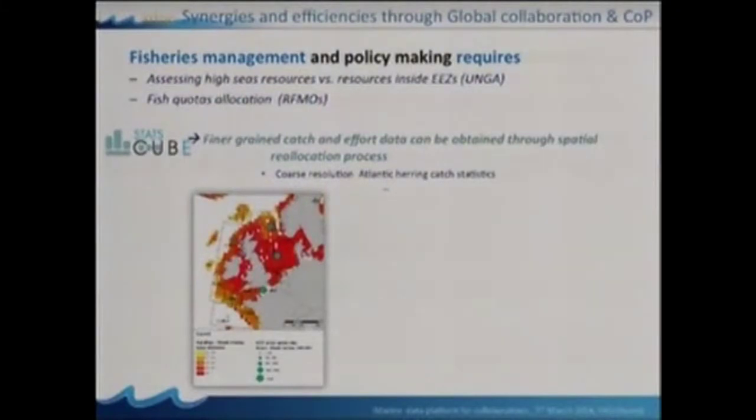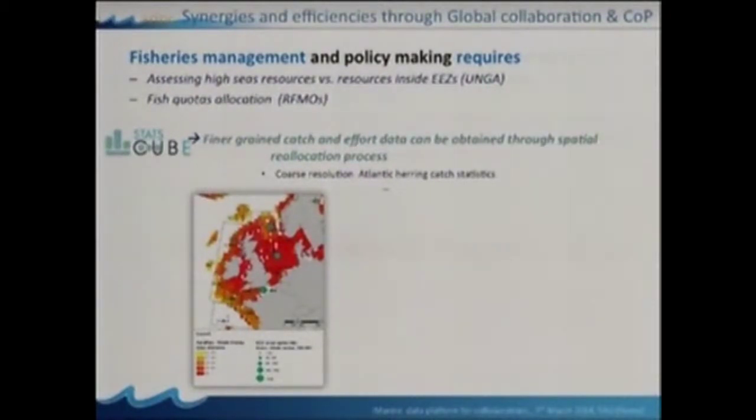Also, for example, in order to set fish quota allocations, I know that the Indian Ocean Tuna Commission was looking at historical time series to try to understand how much of tuna species are part of EEZs of coastal states.